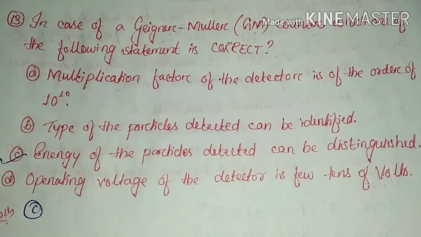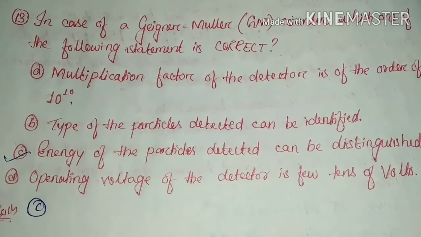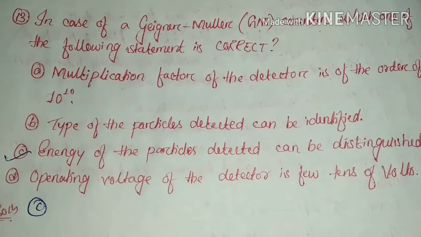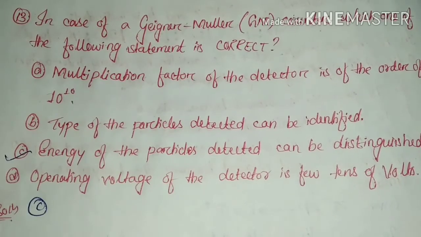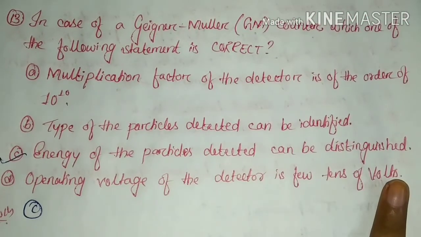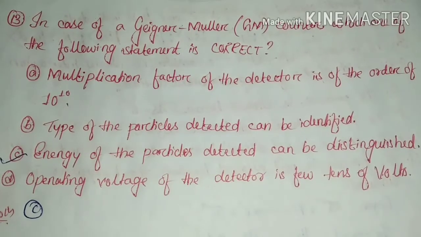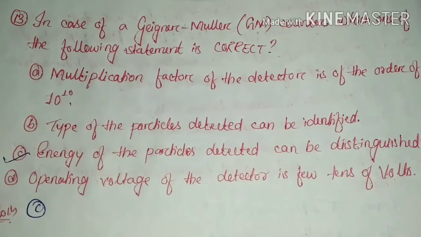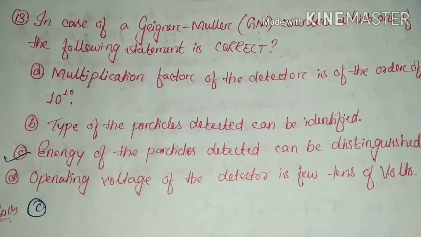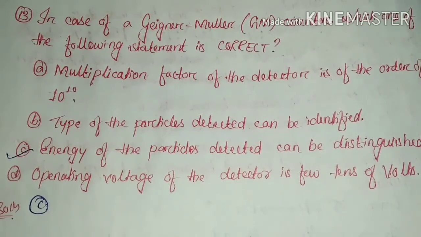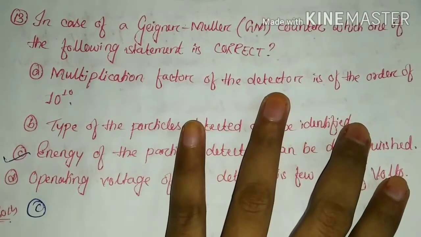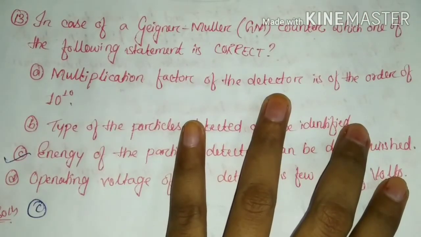First of all, we all know what a Geiger-Muller counter is, right? I can just give a slight introduction. It is an instrument which is used to measure ionizing radiation.